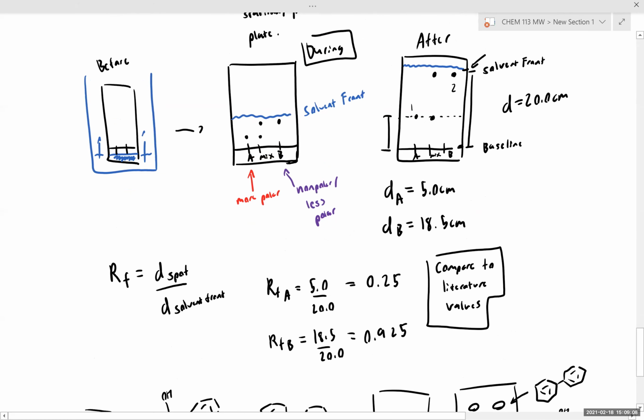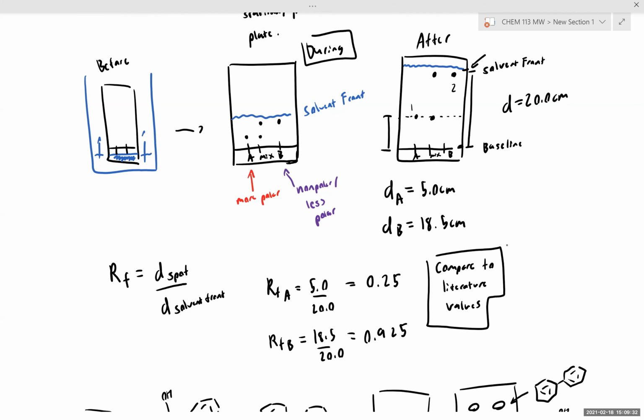Then we can compare to the literature values found in your lab manual for this solvent system. If you reference values in the lab manual, you're going to need to cite the lab manual fully. Does this make sense to everyone so far?